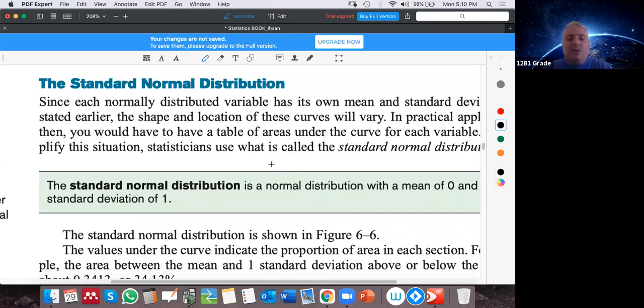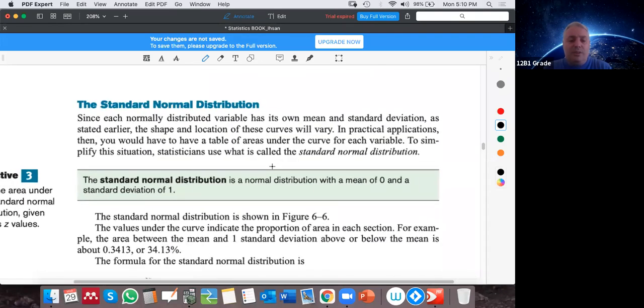Now, standard normal distribution. What is standard normal distribution? We say that the standard normal distribution is a normal distribution with a mean of 0 and a standard deviation of 1.